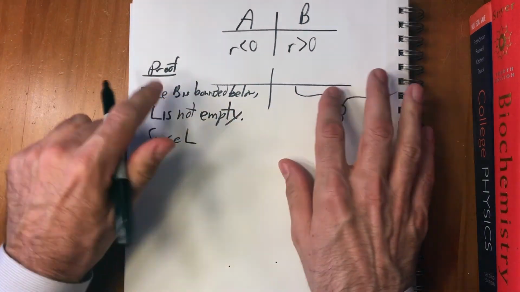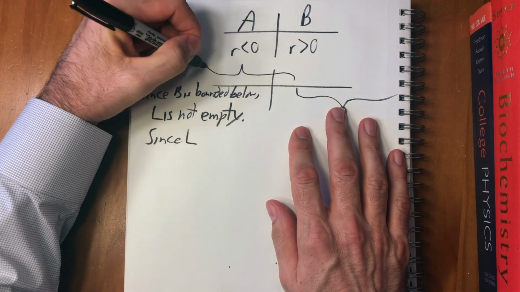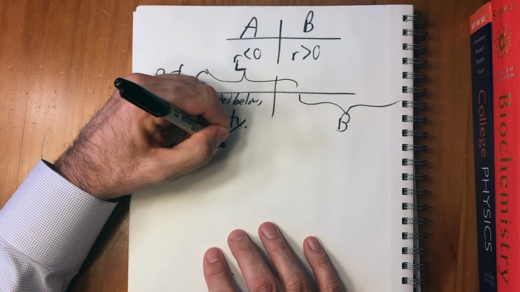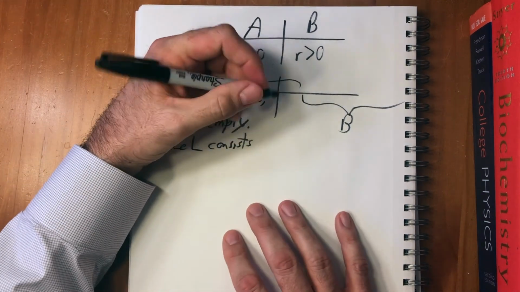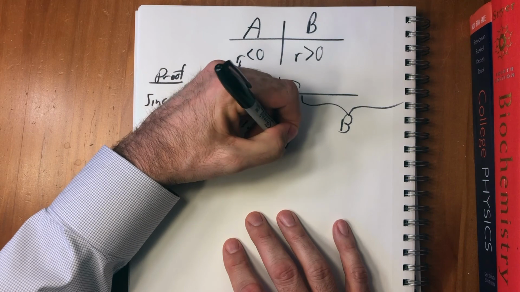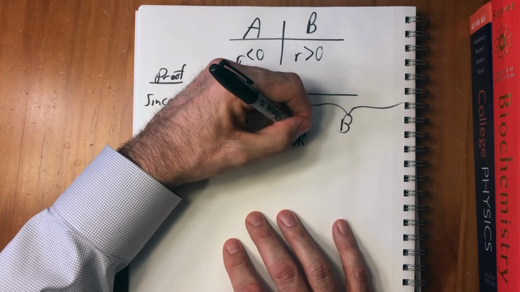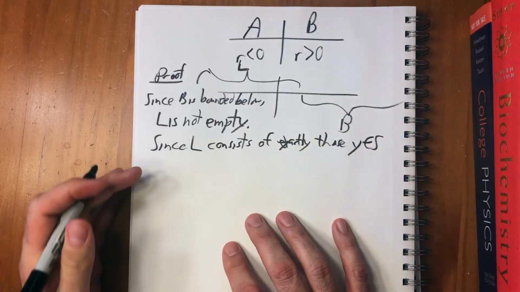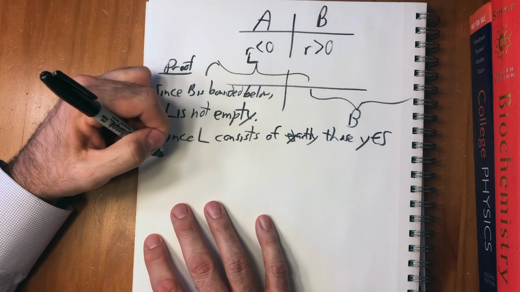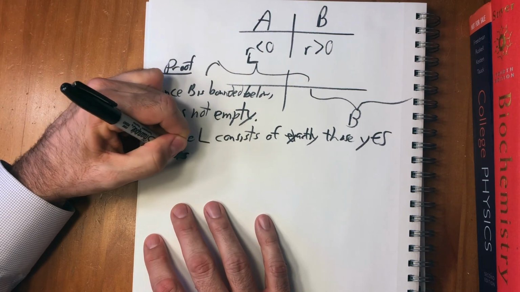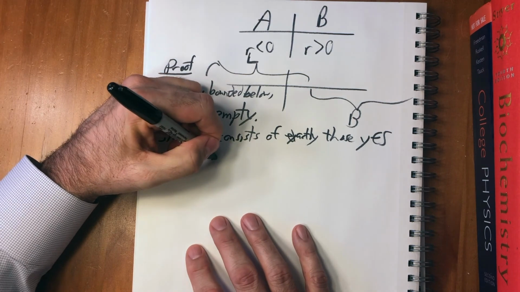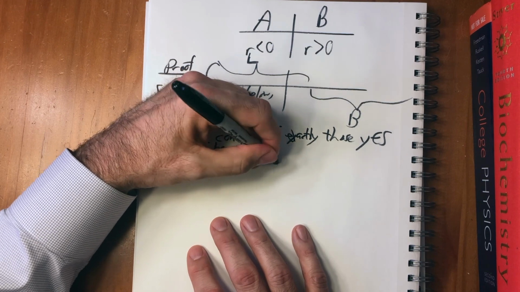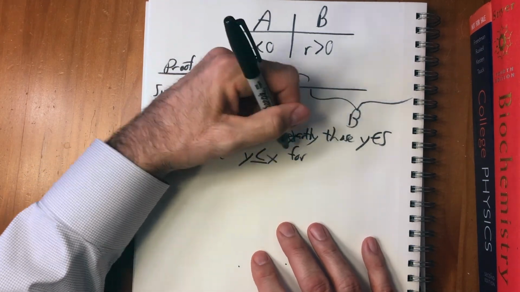And since L, remember, so this is L. Since L consists of exactly those elements of S which have y less than x.